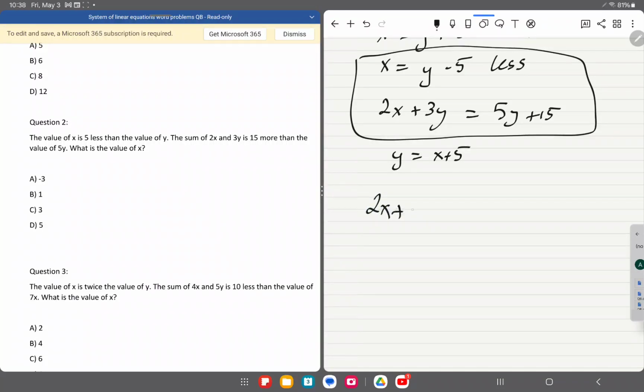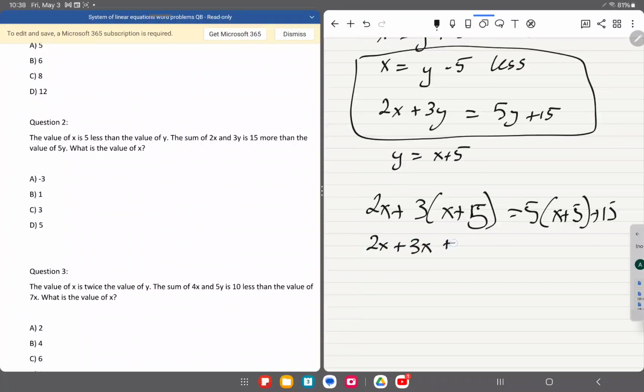So 2x plus 3 into x plus 5 is equals to 5 into x plus 5 plus 15. So 2x plus 3x plus 15 is equals to 5x plus 15 plus 15. These cancel out. This one is not true. It's false.